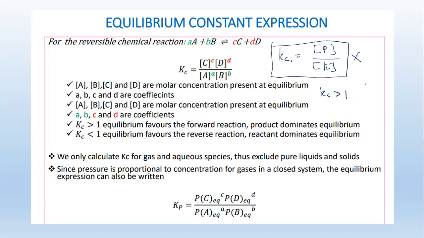So remember, I said that when you want to determine the Kc, you use the concentration of the products over the concentration of the reactants all the time. Now, in this case, let's say we have a high concentration of the products compared to the concentration of the reactants. That means you're going to have a low concentration of the reactants.